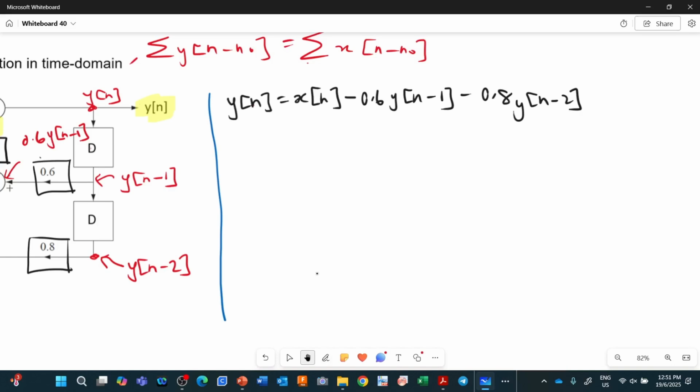Can you leave it like this? I would suggest that you leave x[n] on the left side and y[n] on the right side. So organize it again. So you have y[n] over here.